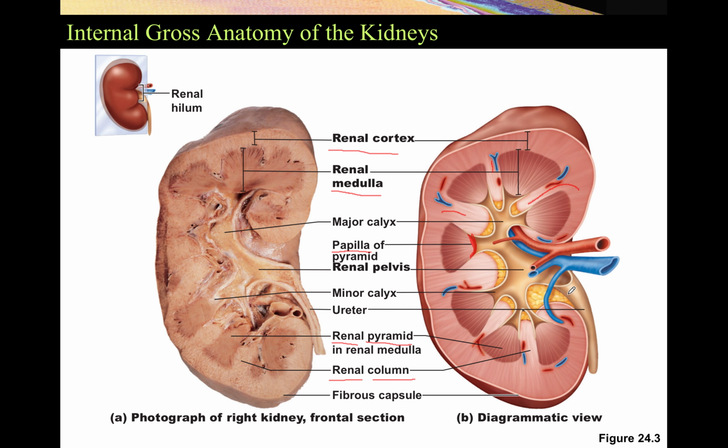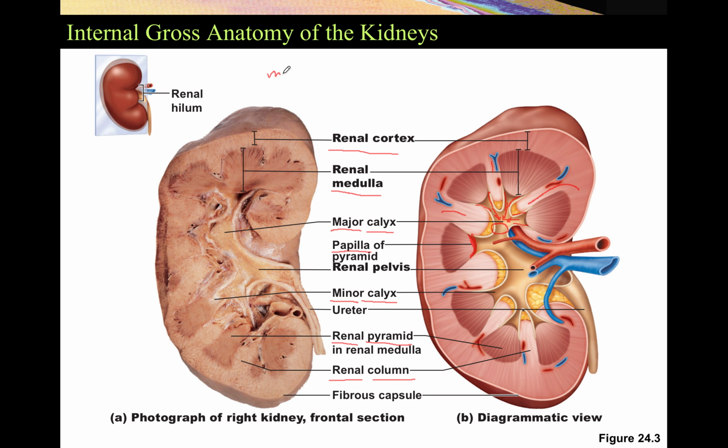Then they open up to these smaller branches you see right here, and right here. These smaller branches are referred to as minor calyx. And you can see that these minor calyx, one right here, one right here, one right here, are merging together to form this larger section right here, which we're going to refer to as the major calyx.